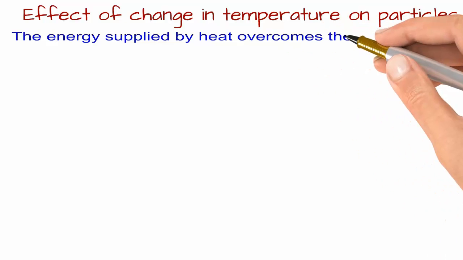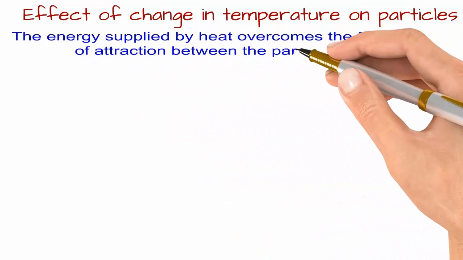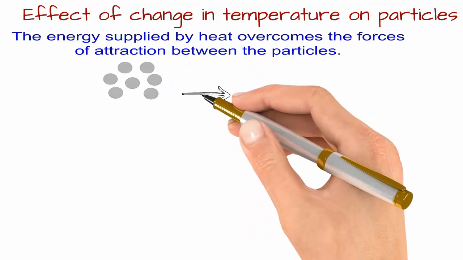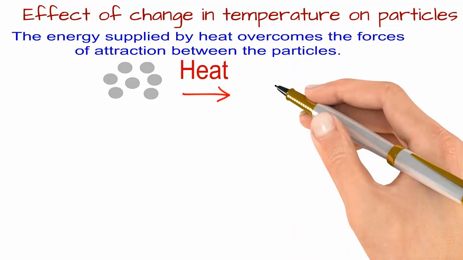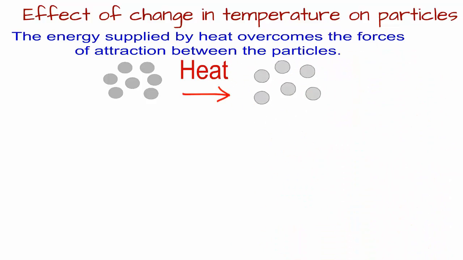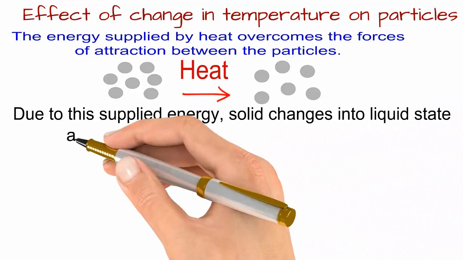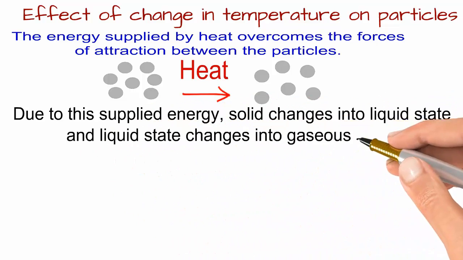The energy supplied by heat overcomes the force of attraction between the particles. Let us take particles which are closely packed. When heat applies on it, it gets dissociated. Due to this supplied energy, solid changes into liquid state and liquid state changes into gaseous state.